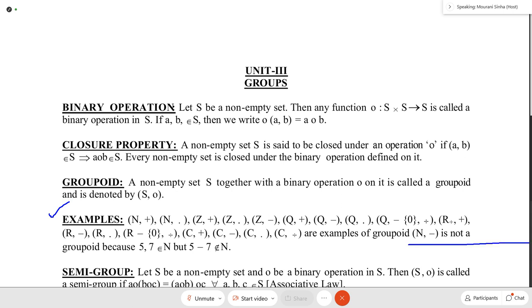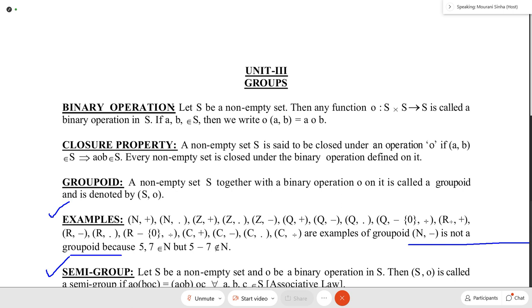Okay, N with subtraction is not a groupoid. You have to keep that in mind. Groupoid means the closure property must hold. In the case of subtraction on the set of natural numbers, the closure property does not hold. We know that. If I take 5 and 7, 5 minus 7 is a negative number and it doesn't belong to N. Then you have some examples of semigroups. With respect to N, Z, Q, R, C, all of them are given, where it is a semigroup.